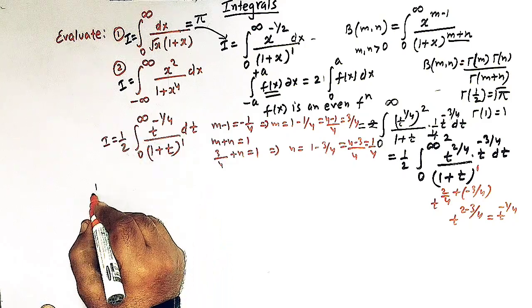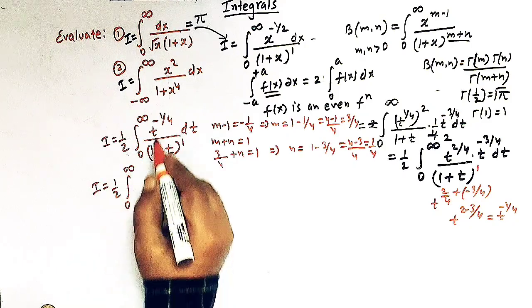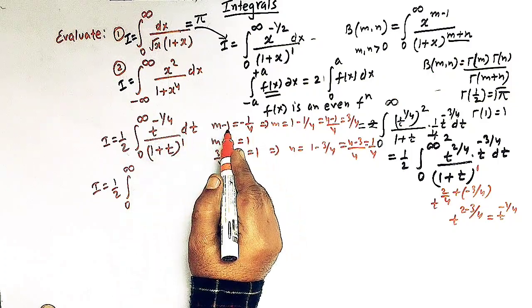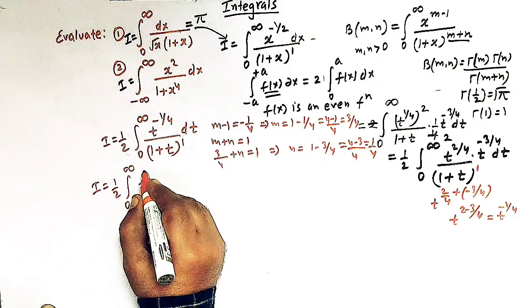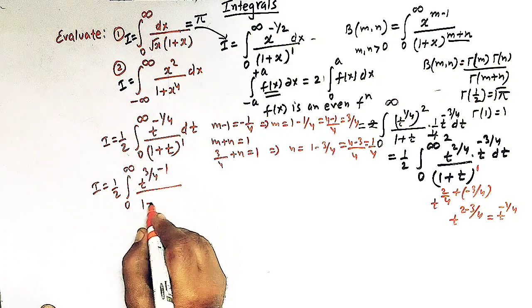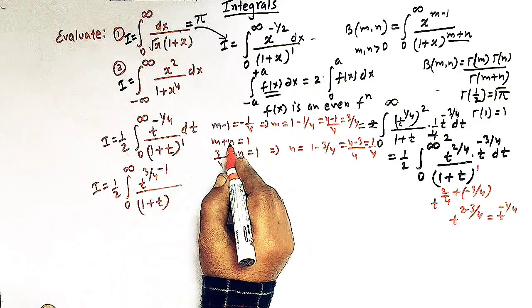So now we can write I is equal to half, 0 to infinity, t raised to minus 1 over 4 can be written as m minus 1. M is 3 by 4, so we can now write t raised to 3 by 4 minus 1, and 1 plus t raised to 1, where 1 is m plus n.